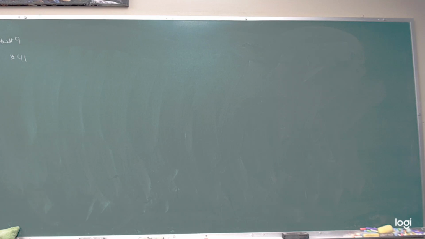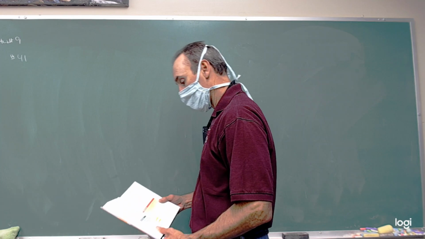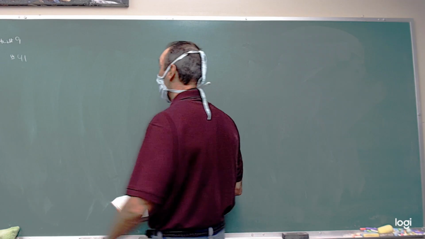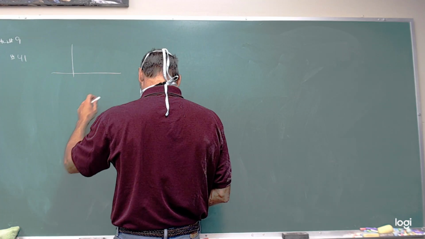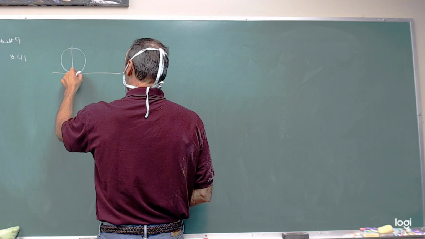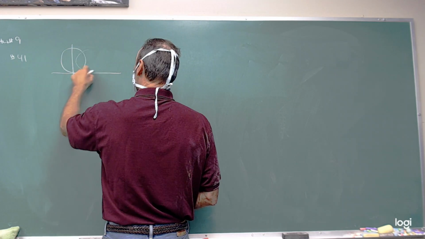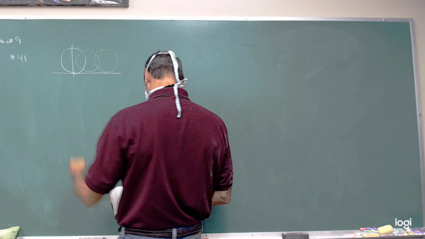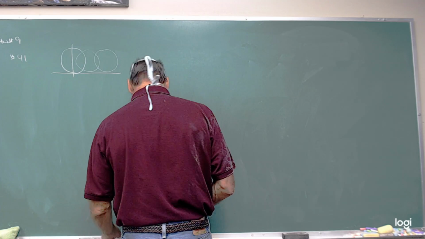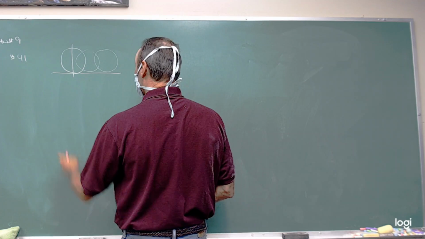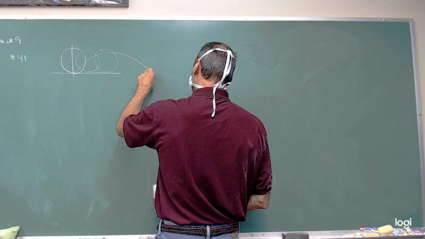Oh, yeah. So, 41, we have a circle with a radius of 1 unit riding along the x-axis. They kind of give us a funky little picture there. We start with this thing, and then we're going to see it rolls along there, and it's going to kind of trace out a path that looks something like that.